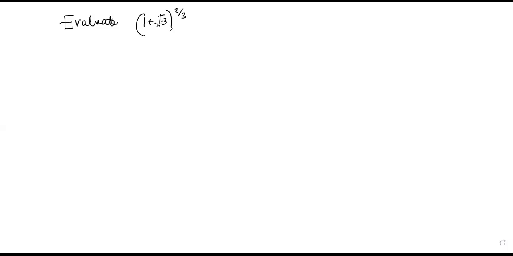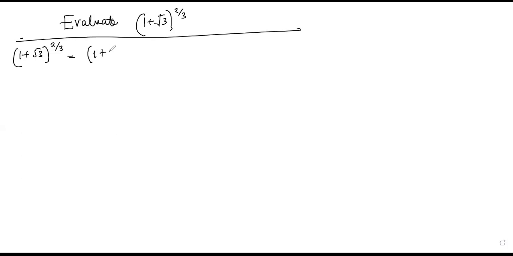So, solution. 1 plus root 3 i, to the power 2 out of 3. Allow me to say that this is the same as 1 plus, actually it was root 3i.